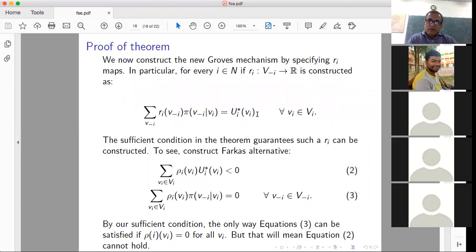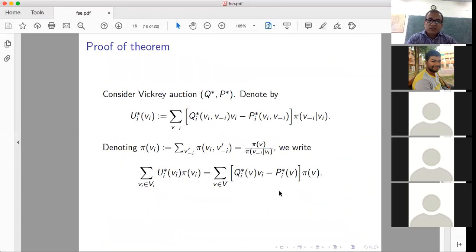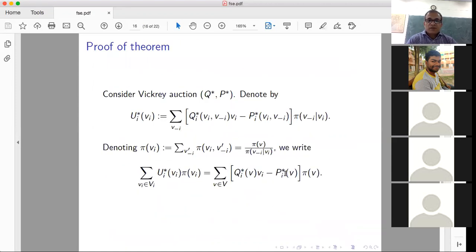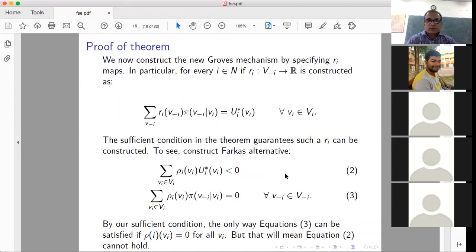Remember, we have to write the alternate system, which is the Farkas alternative. We have to create a variable for each of the equations and write down an alternate system like this. So in this case, what will that alternate system look like? I have to create a variable for each VI, and that variable I'm denoting as rho I VI.